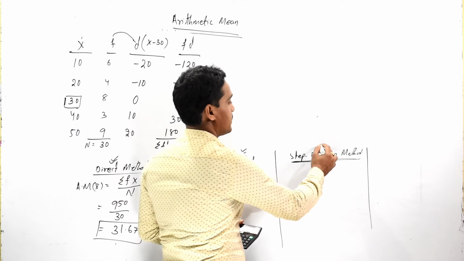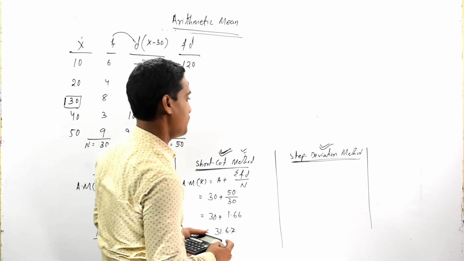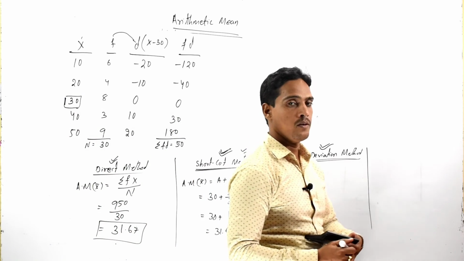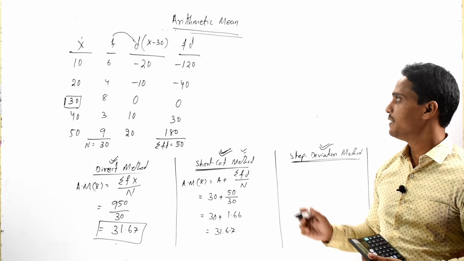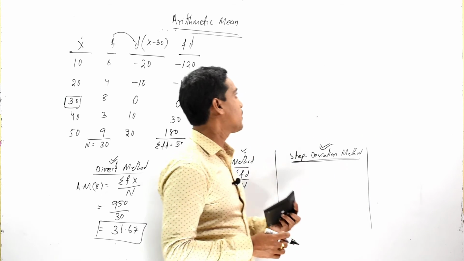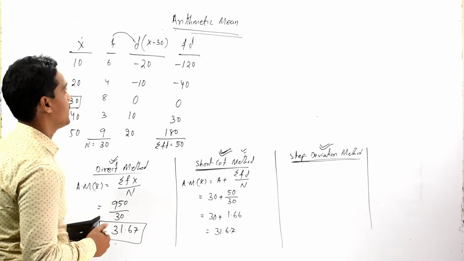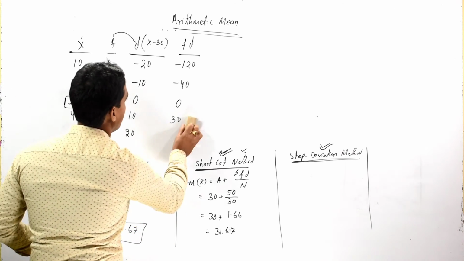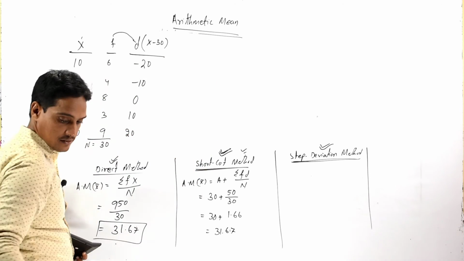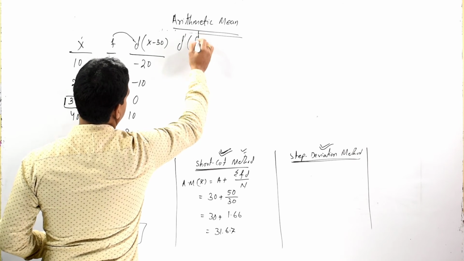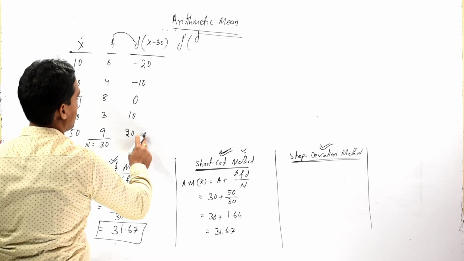Now come to our step deviation method. Under the step deviation method, we should find out d dash of the given series for computing the arithmetic mean. For this purpose, we find d dash by dividing d by a common factor.